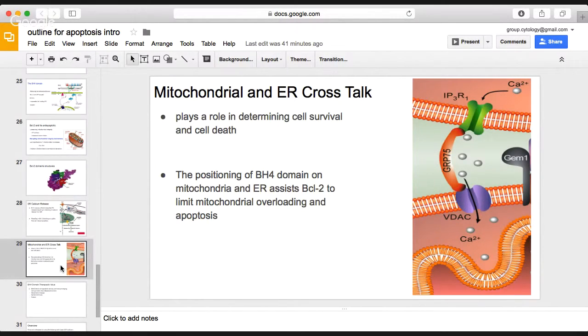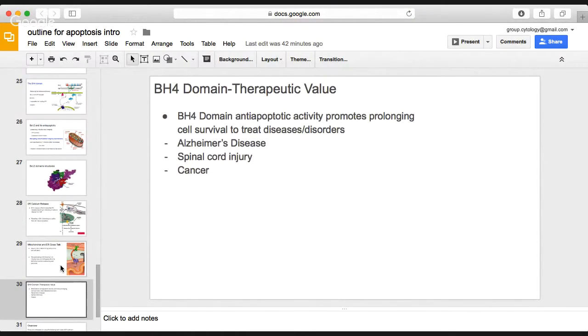This is a result that the BH4 domain can inhibit apoptosis, as has also been discussed in our results. BH4 domain in its therapeutic values. The purpose of the study was to look at the anti-apoptotic properties of the BH4 domain in the BCL2 and to see if its functions can treat disorders and diseases associated with accelerated apoptosis.